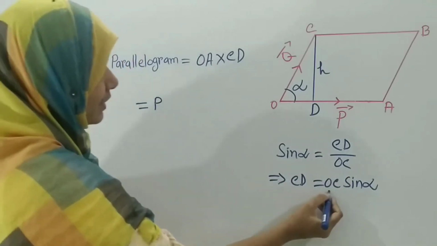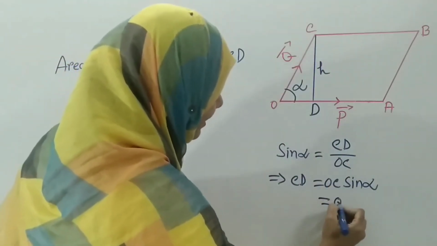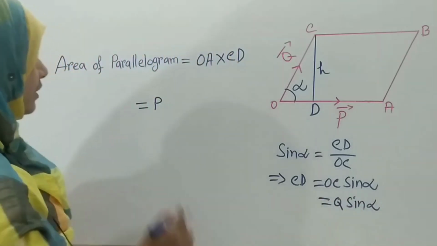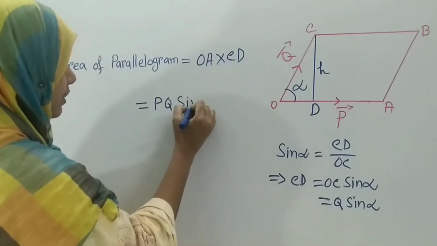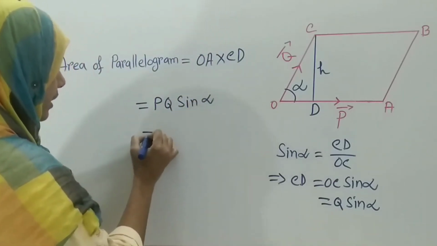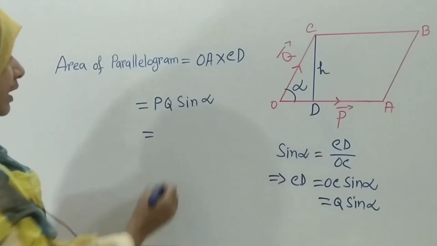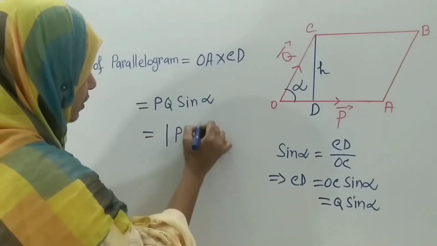And here you can see OC means the magnitude of Q. So we can write that PQ sin alpha, and you know that PQ sin alpha means the modulus of P cross Q.